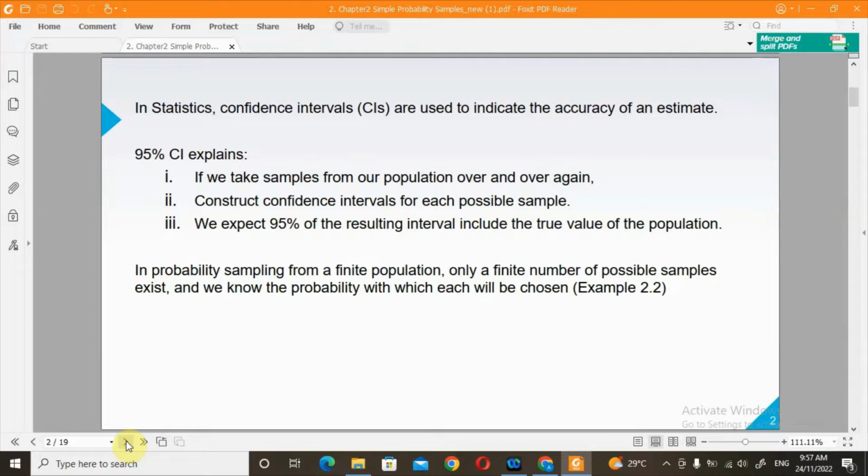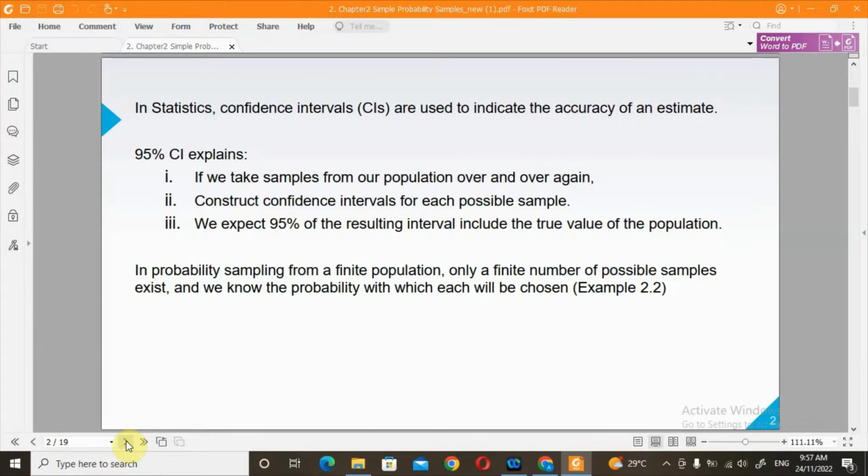It means that if we take samples from our population over and over again and construct a confidence interval using our procedure for each possible sample, we expect that 95% of the resulting intervals include the true value of the population parameter.